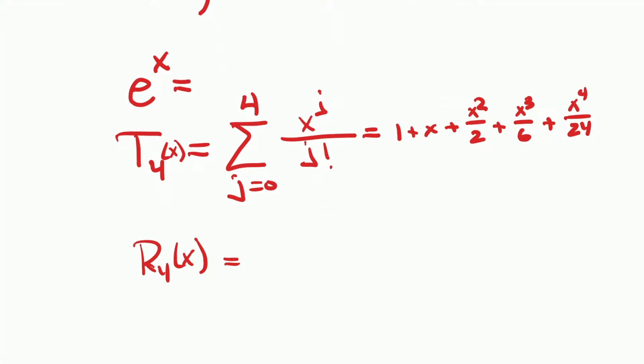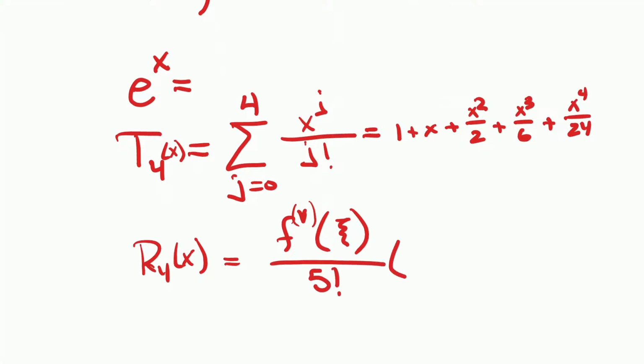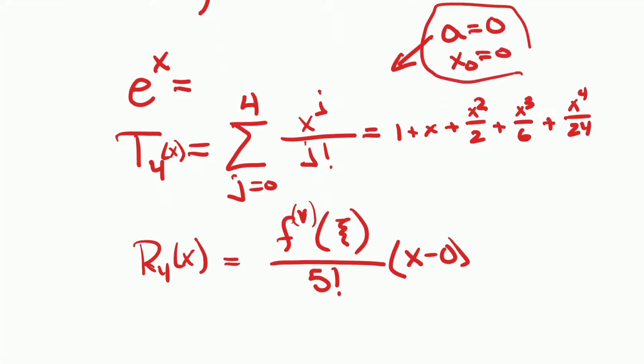So first of all, I'm going to use f, with a little Roman numeral v, the fifth derivative evaluated at some Xi, divided by 5 factorial, times x minus 0, because this is centered at 0, by the way. a equals 0, or x0 equals 0, however you want to call it, to the 5th power.